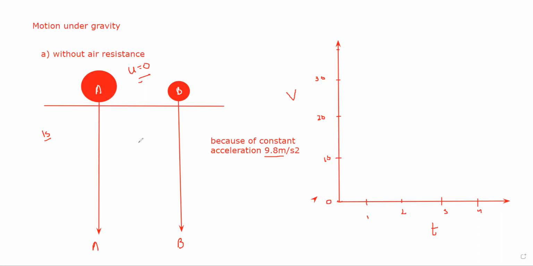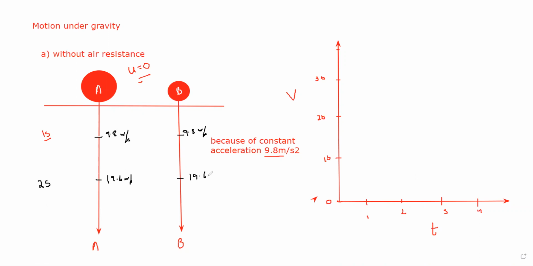the speed, originally zero, changes to 9.8. So speed will be 9.8 for A and 9.8 for B, meter per second. Then after 2 seconds, it will be 19.6 for A and for B as well, the same 19.6.